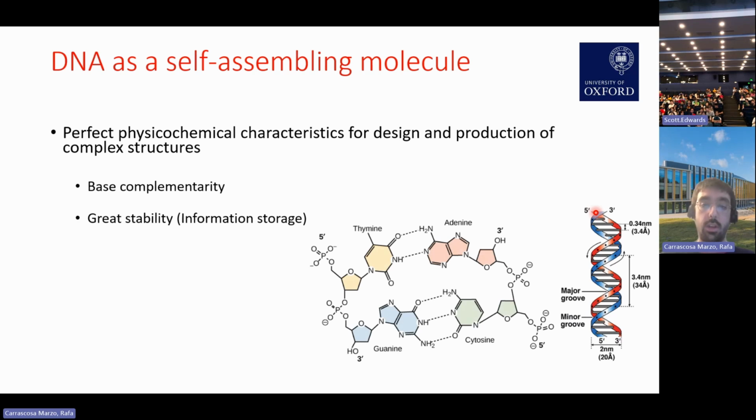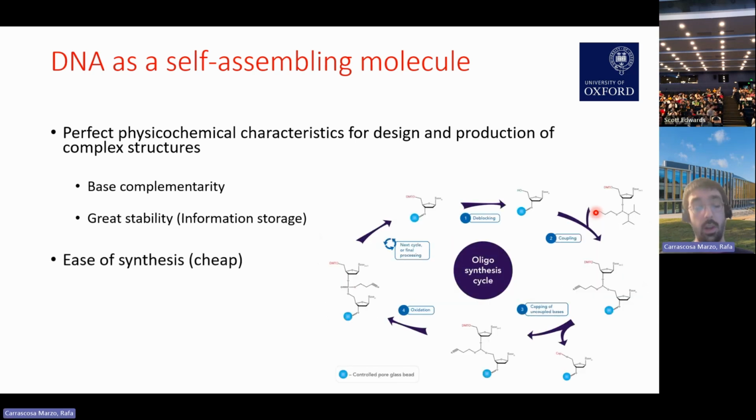Thymine will always go with adenine, guanine will always go with cytosine, and it does have some intrinsically great stability because these molecules serve as information storage, so in their natural application they need to be quite resilient to any external effects. Otherwise our own genetic information, our own being would be in danger, let's say. Then, very importantly, which we sometimes forget in science, it is cheap to produce.